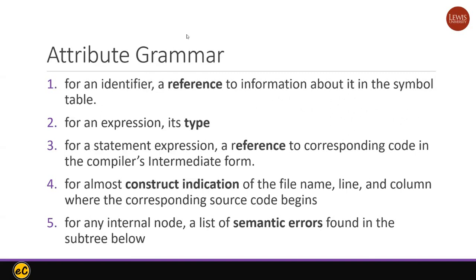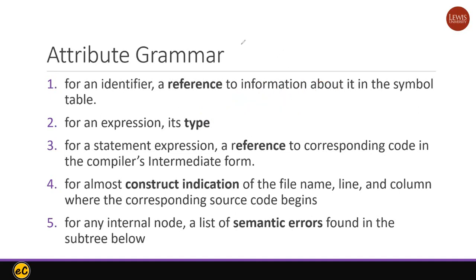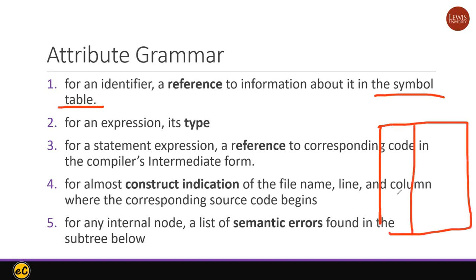So if you have an ID, you have a variable X assigned equals A plus B. So X is an ID, A is also an ID, B is also an ID. For these IDs, the reference information is in the symbol table. We have a symbol table in the parser for X, A, B.